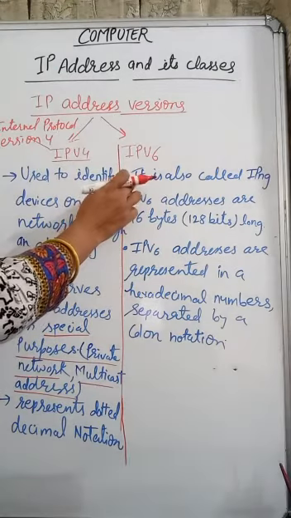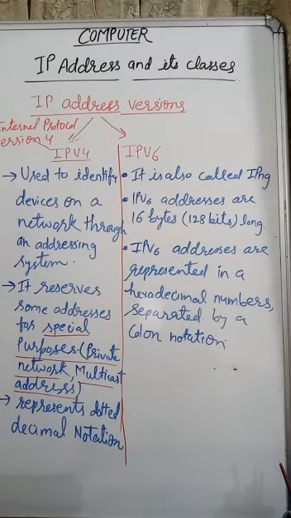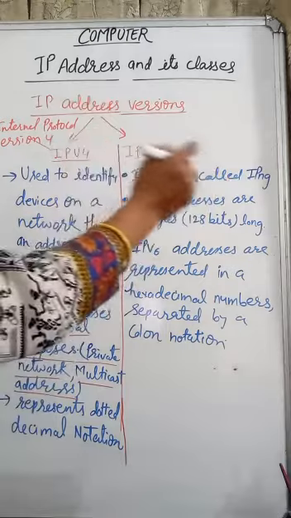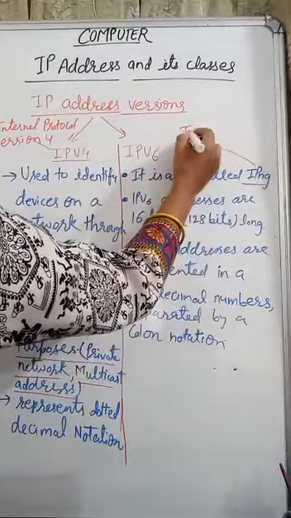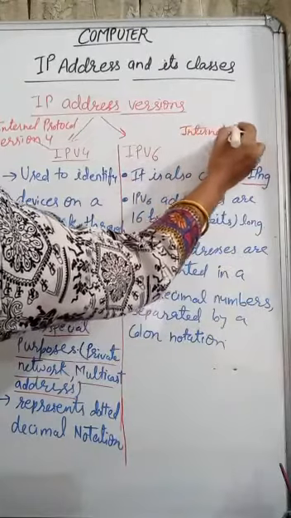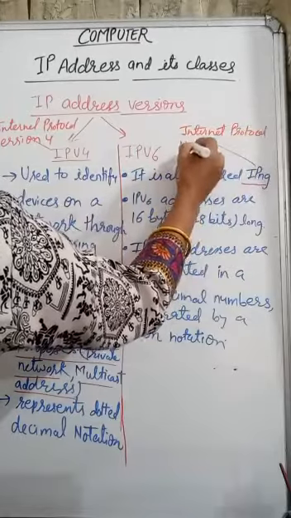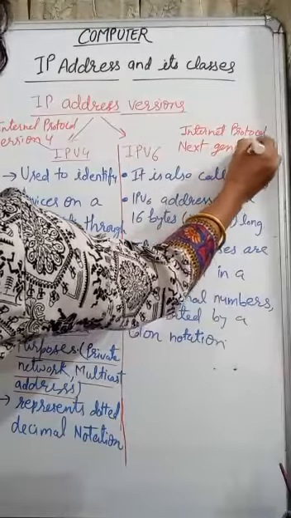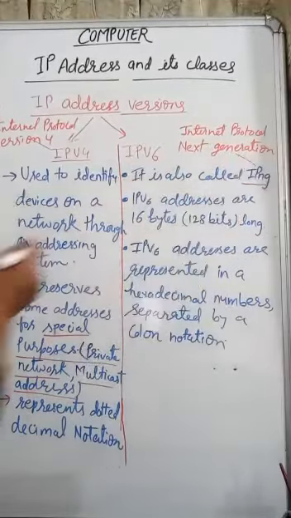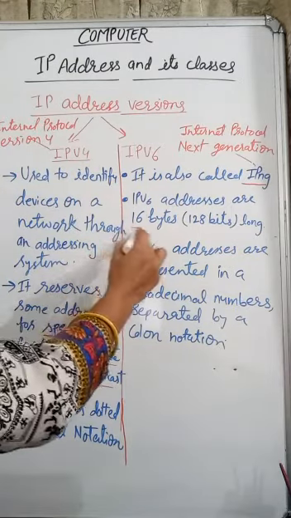Okay, see here, IPv6 is also called IPNG, which means Internet Protocol Next Generation. IPv6 addresses are 16 bytes.